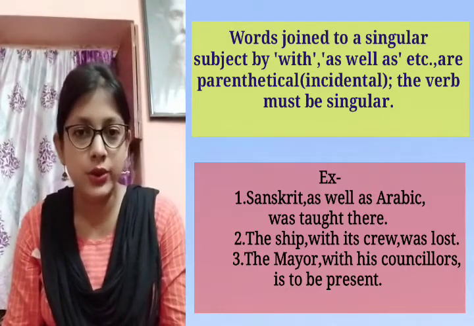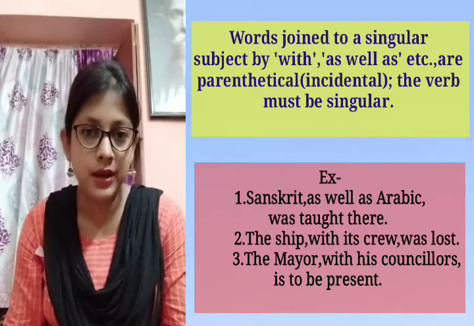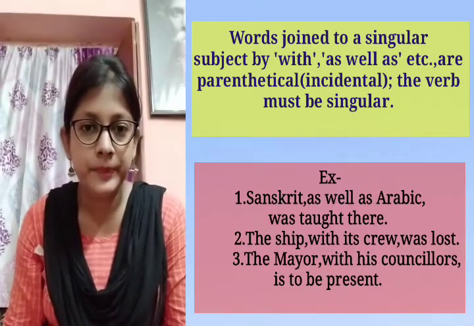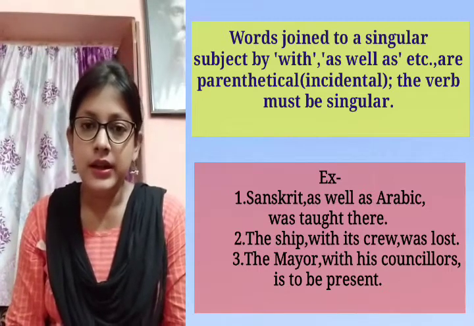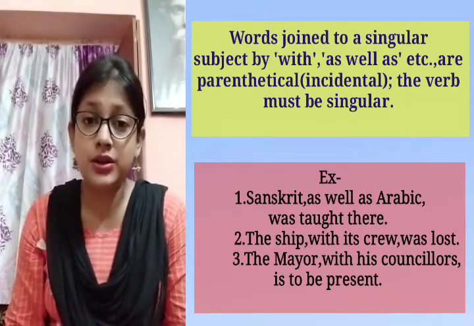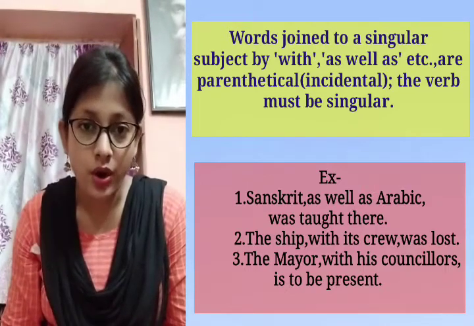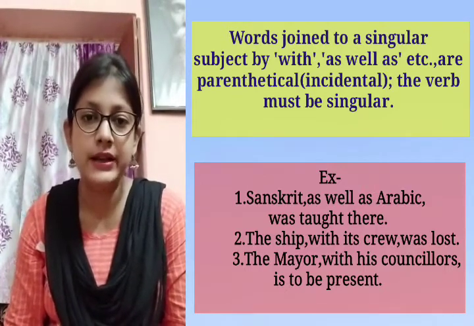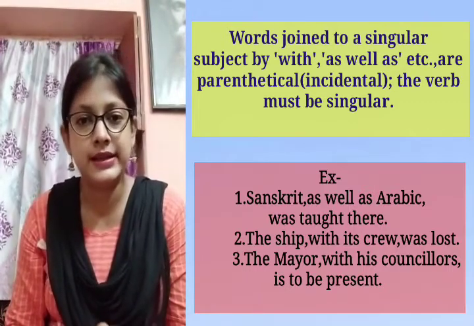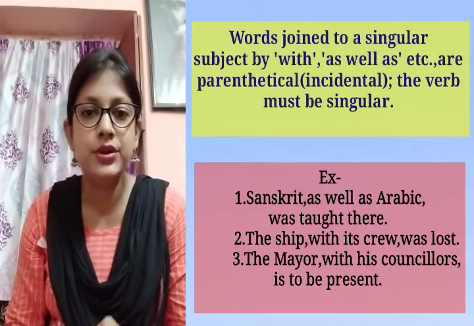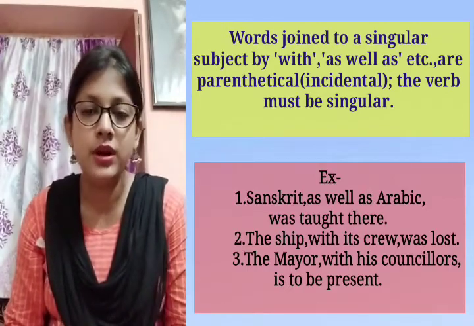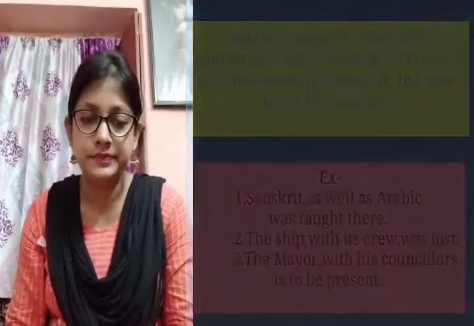According to the singular main subject, Sanskrit, the singular verb was is placed. Next, the ship with its crew was lost. So the ship is the singular main subject, with its crew is the extension, but according to the singular subject ship, the singular verb was is placed.